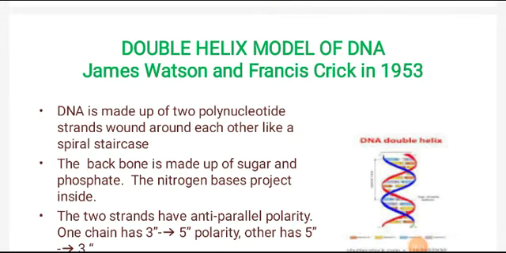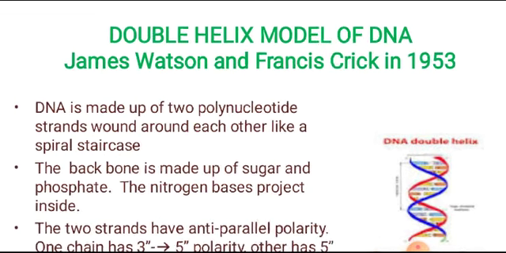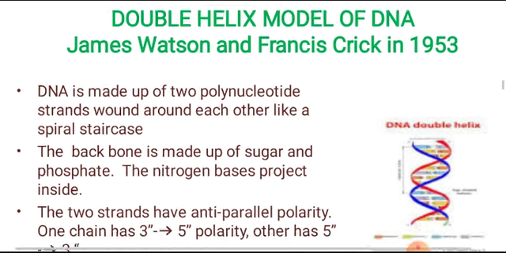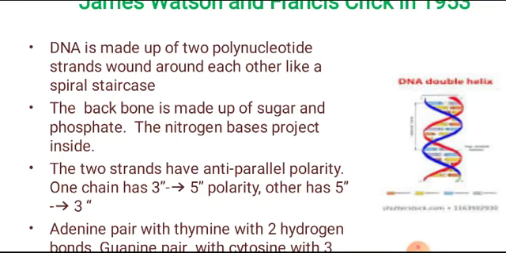The main points are: double helix model of DNA was proposed by James Watson and Francis Crick in 1953. DNA is made up of two polynucleotide strands wound around each other like a spiral staircase. The backbone is made up of sugar and phosphate. The nitrogen bases project inside. The two strands have anti-parallel polarity.